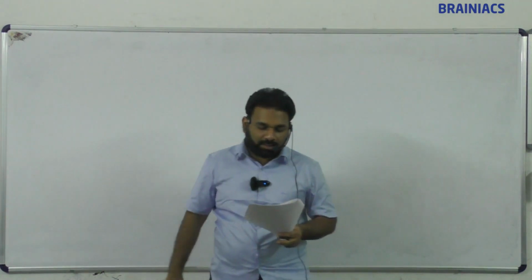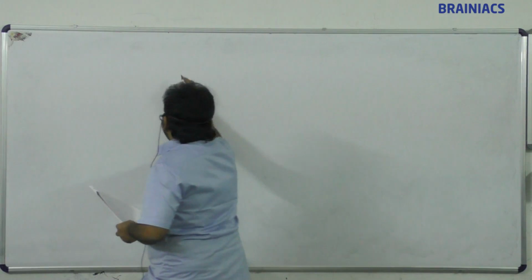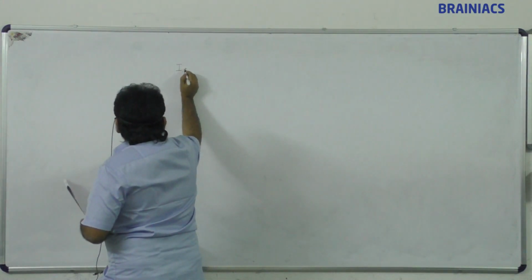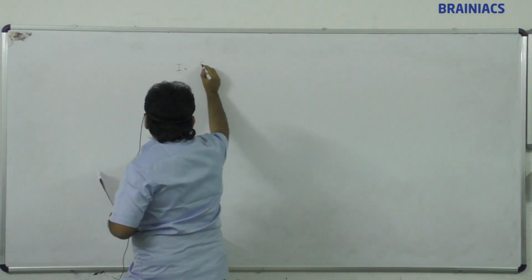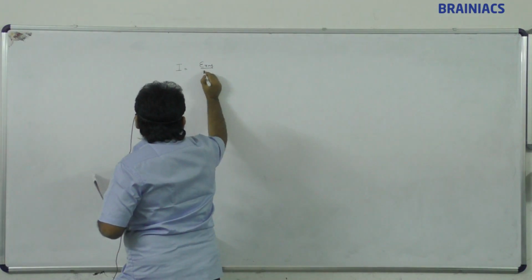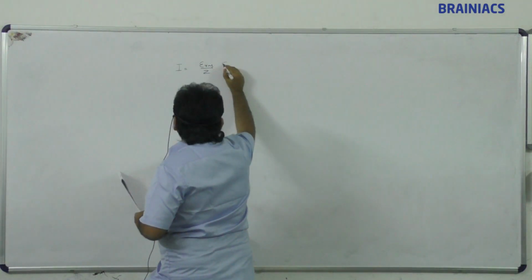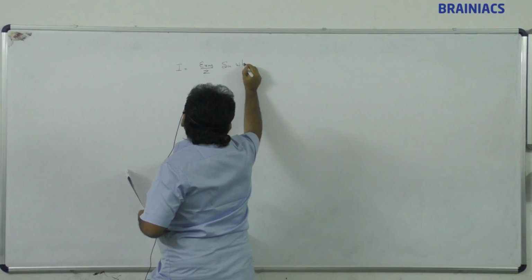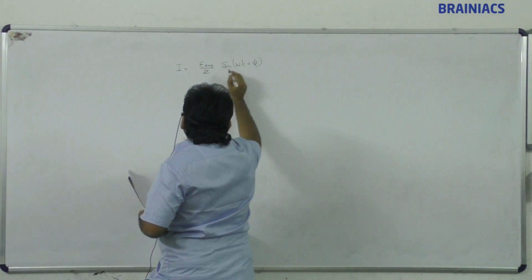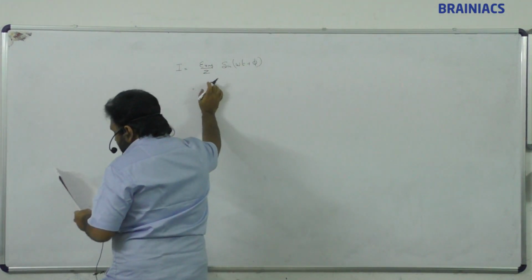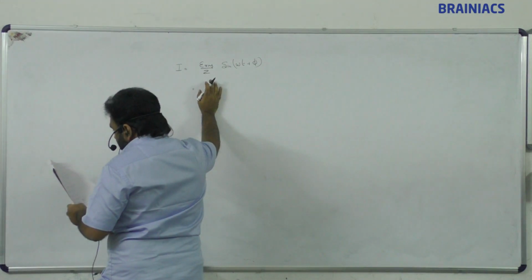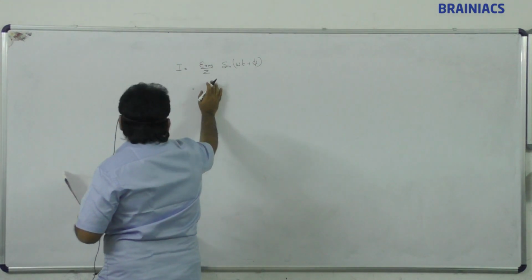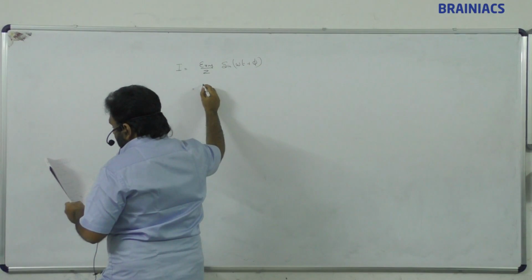Now just look at the ammeter reading. I is going to be ERMS divided by Z, sine omega t plus phi. Here XL and XC are not there, only resistance is available.